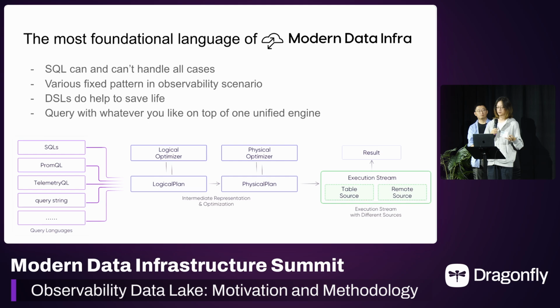For example, in current GreptimeDB, you can first write a PromQL query to analyze all of your metrics data to get a time series, and then do some post-analysis with SQL in one query. Because, as the architecture shows, when they come to the logical plan, there is no difference. They are not distinguishable.